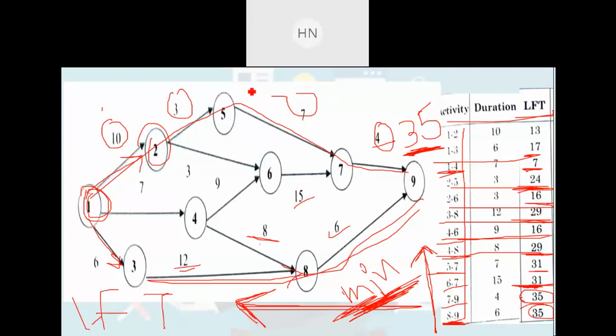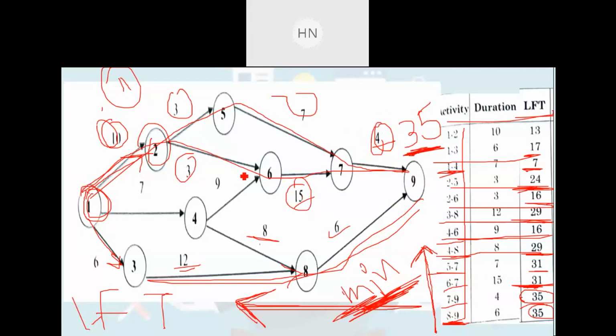So you will be getting the answer as 11 for the first one. And in the second option, you need to deduct 10 as well as this 3, as well as this 15, as well as this 4.